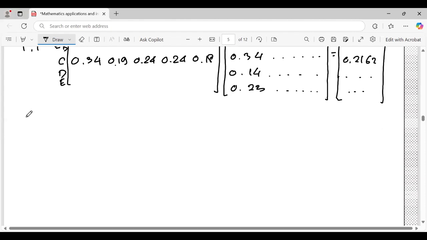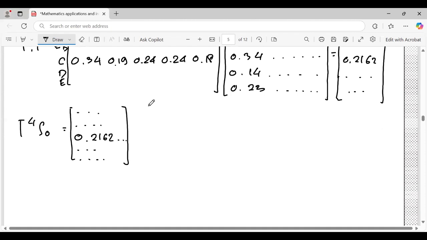So T power 4 times the state matrix for the first row, second row, and this is C, D, and E. After that, multiply by 1, 0, 0, 0, 0.